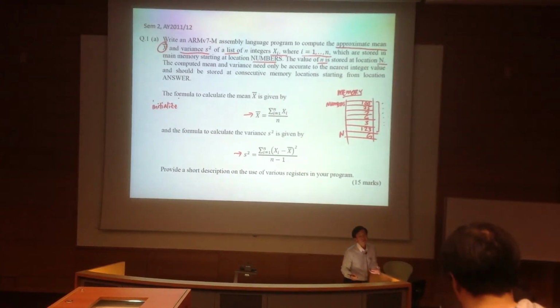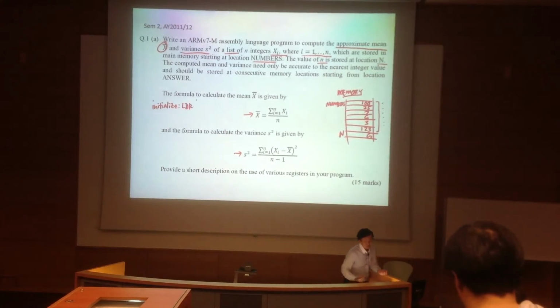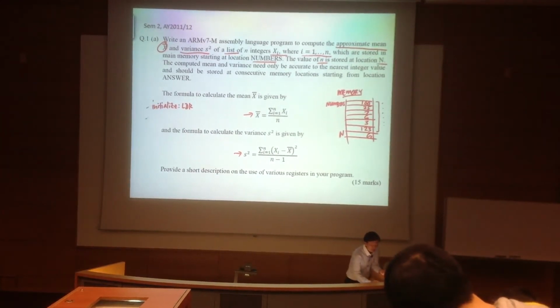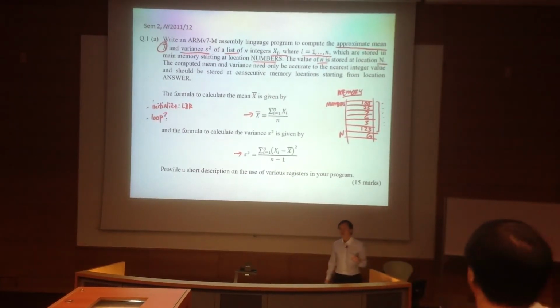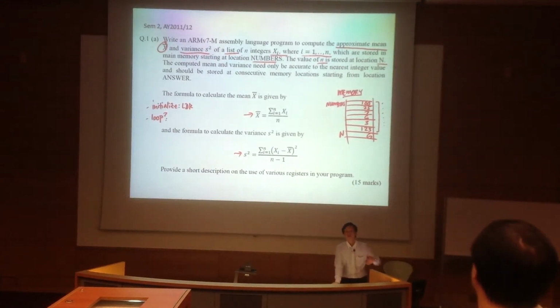And initialize normally involves loading some values, either using PC relative addressing or pseudo instruction, equal sign, kind of thing. Usually will involve that. Then the next thing that you want to bear in mind is you ask yourself whether there is a loop. So do you think in this question we need to have a loop? Yes. Because we are going to process a list of numbers, right? So we will have a loop.